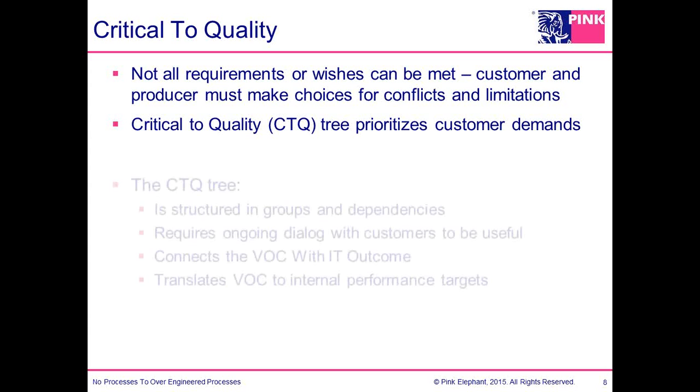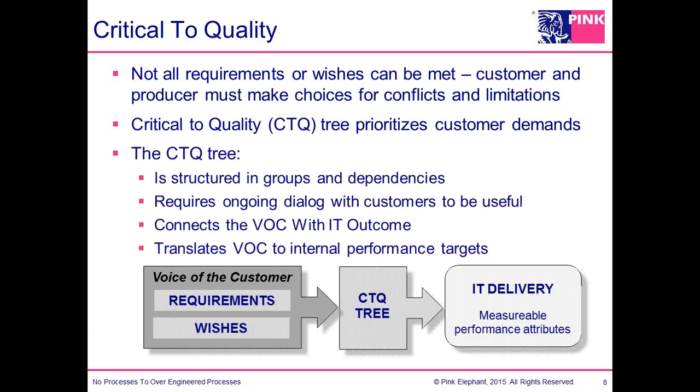So as we go through critical to quality, it's really about getting the customer, through our questioning, to describe their real functional requirements, and also their wishes, and then prioritize those in order from the customer's perspective of what's most important in the critical to quality tree.